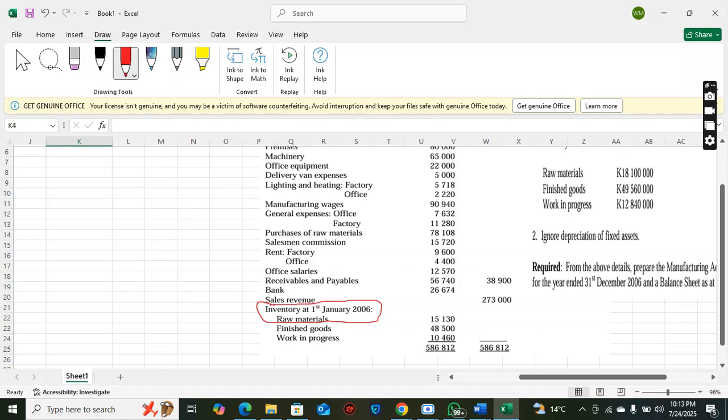He works in the factory. So Mr. Emma, then you can tell us the indirect costs, or the overheads, that you incur in the factory.